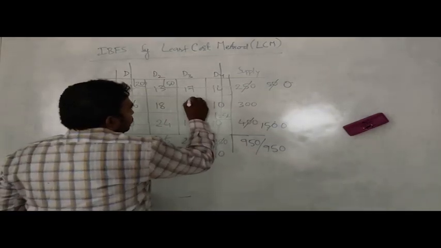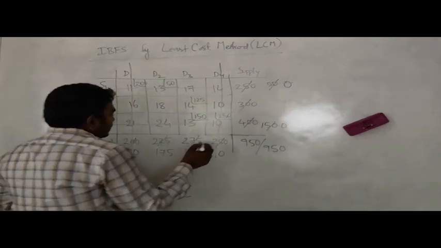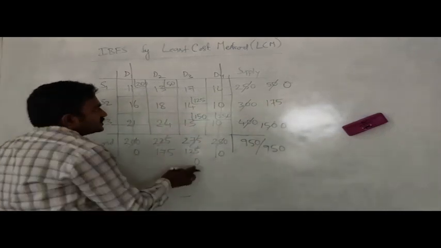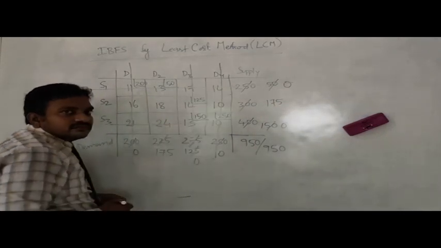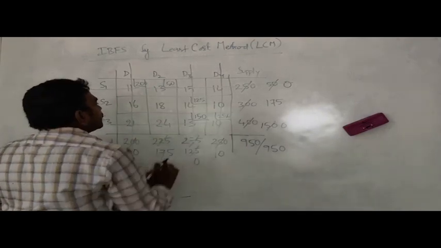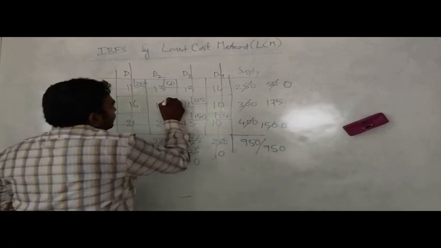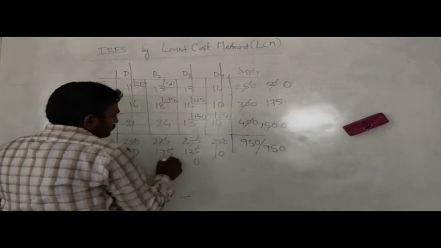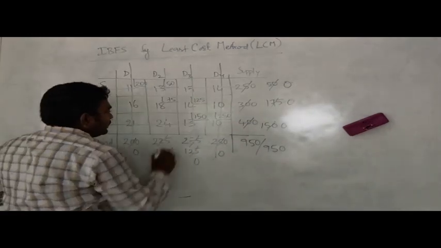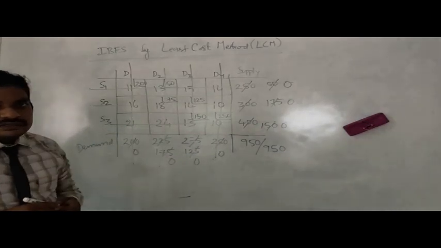So 125 here, this becomes 0, and after subtracting it would be 175. This is 0, so eliminated. After it, 175 and 175, only one leftover cell, 175. 0 and 0, so I am eliminating both row and column from the table.